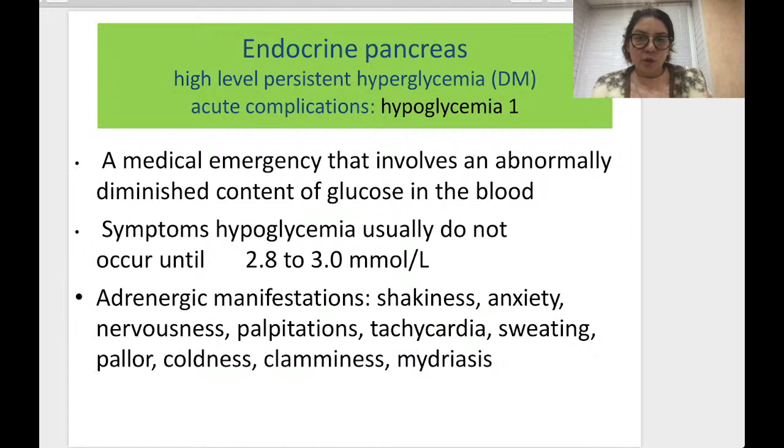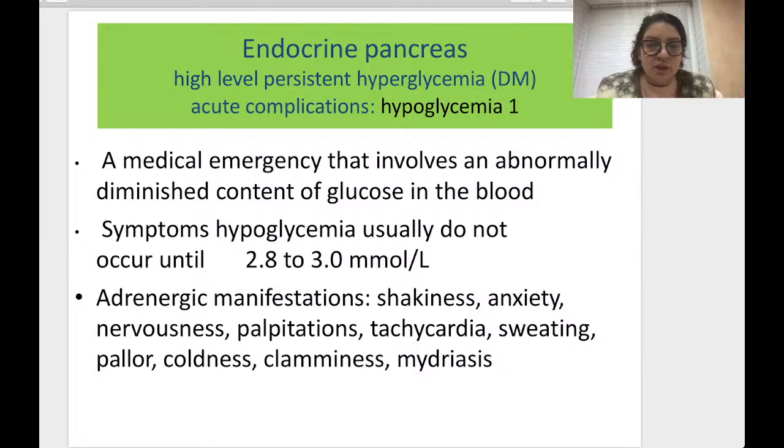That's why, when you learn in the fourth year the treatment of diabetes and diabetic complications, please pay attention that management of hyperglycemic states has to be very careful, soft and prolonged in time, so as not to lead to hypoglycemia due to rapid decrease of glycemia. Okay, clinical manifestations: they look like adrenergic manifestations.